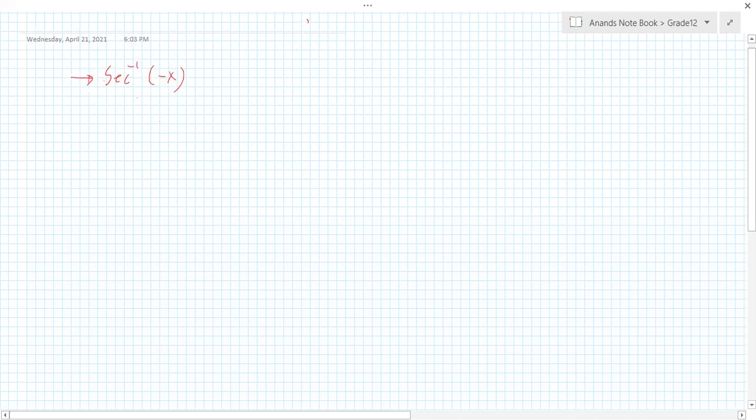So first step will be writing secant inverse of minus x is equal to theta. You should say secant inverse, not secant to the power of minus 1. Then we write secant theta is equal to minus x.